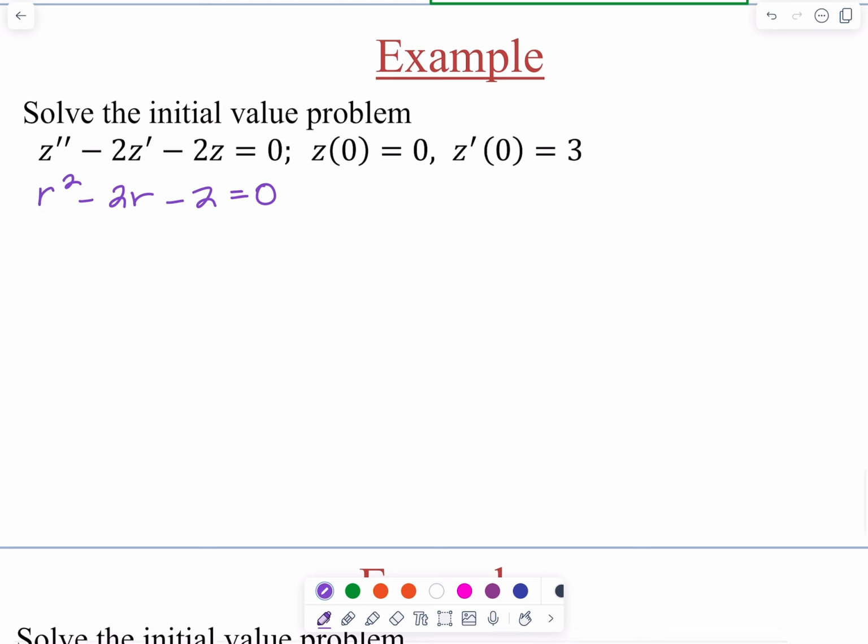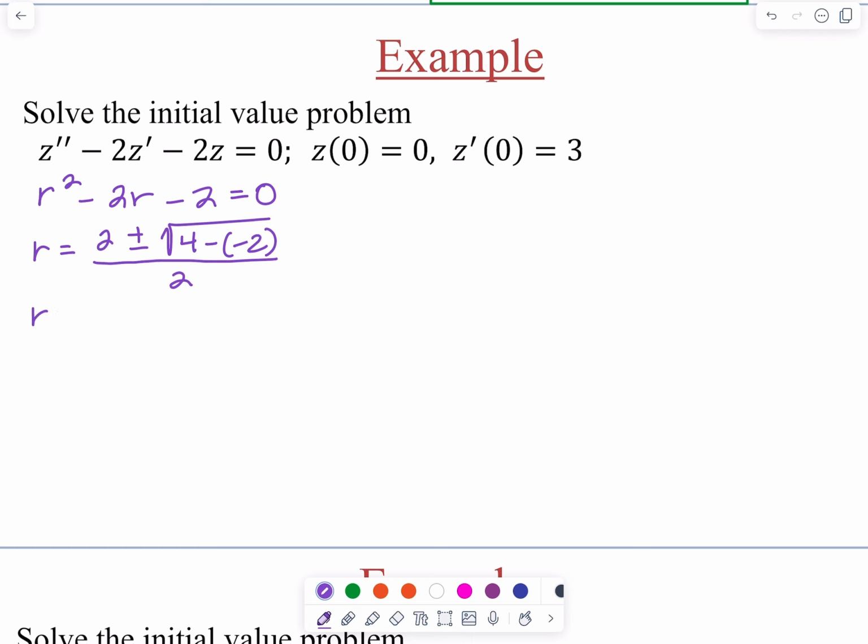And so we have r equals 2 plus or minus the square root of b squared minus 4ac, with c being -2, all over 2.